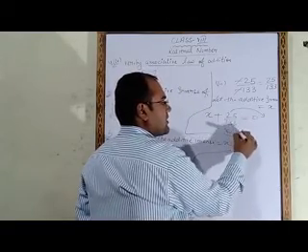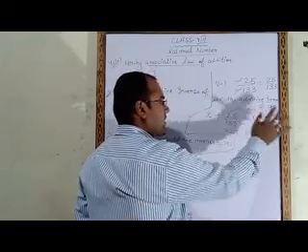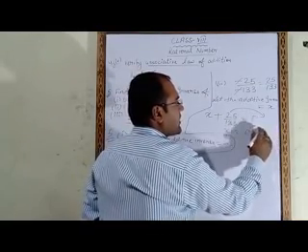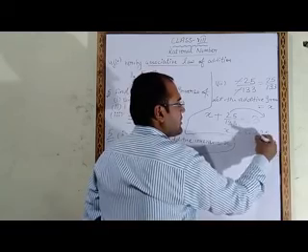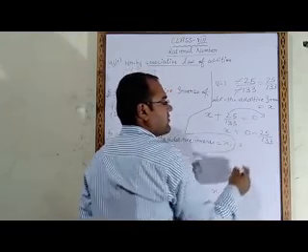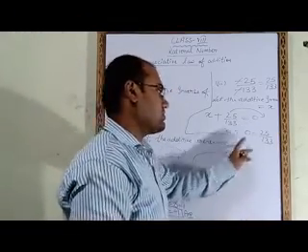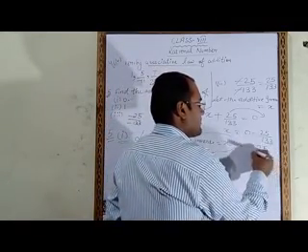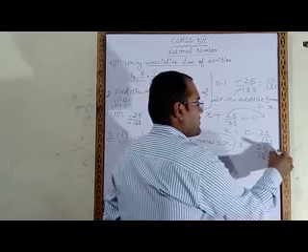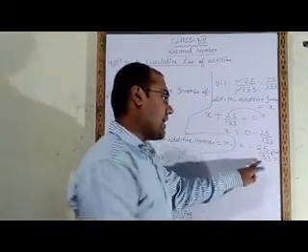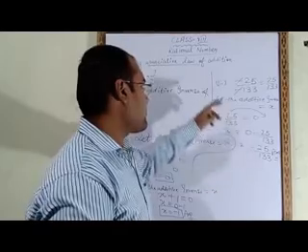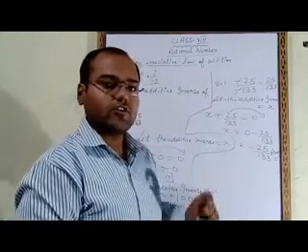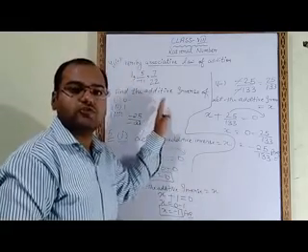So x will remain here, 0 will also remain there, and plus 25 upon 133 will become minus 25 upon 133, and when we subtract any number from 0, the answer will be negative. So here the answer will be minus 25 upon 133. So this is the additive inverse value of minus 25 upon minus 133. Like this you have to do all the remaining parts of question number 5.